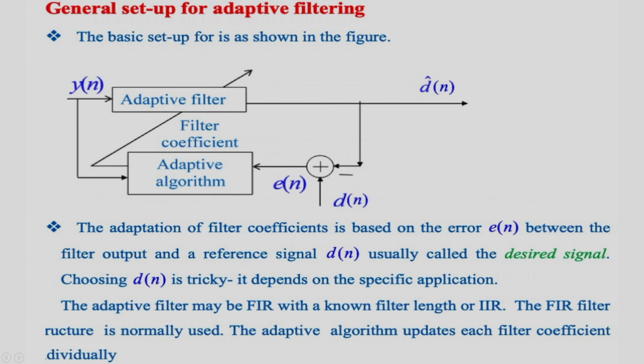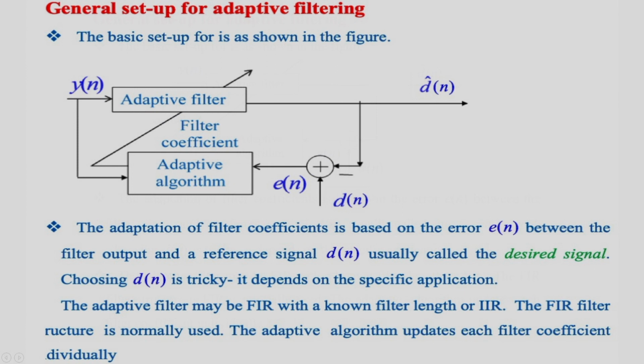Now, in the adaptive filter terminology, we have a desired signal dn, and the difference between dn and d hat n, that is the error. This error is sent to the adaptive algorithm for updating the filter coefficients, and these filter coefficients will be used in this adaptive filter.